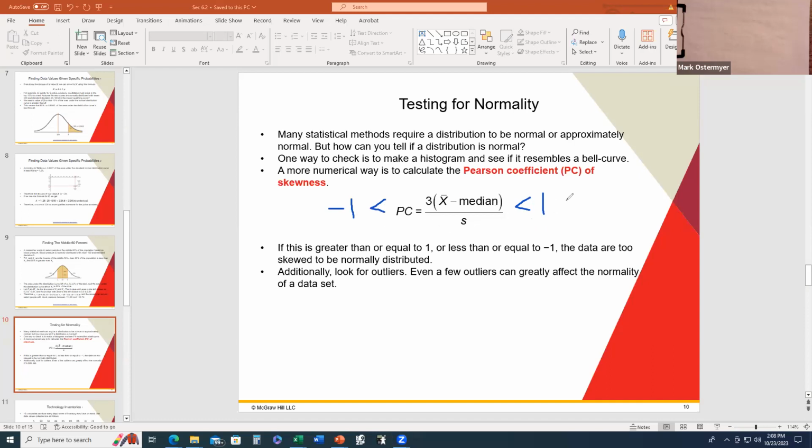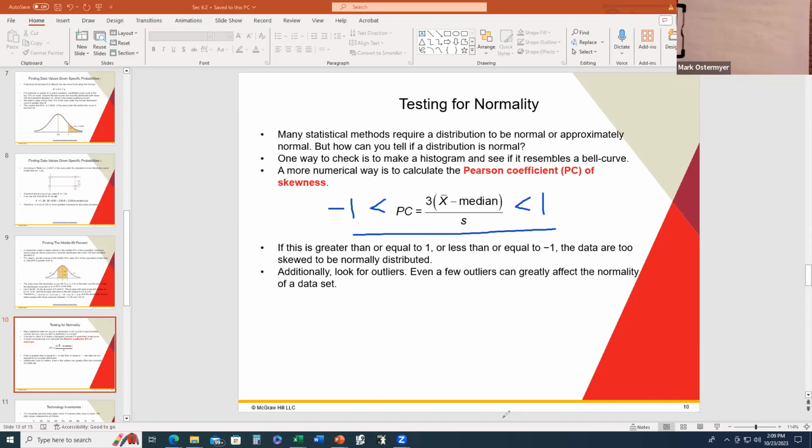If this coefficient is greater than 1 or less than -1, then we would say that our data is skewed. That's one way to test for normality, by computing this Pearson coefficient of skewness.